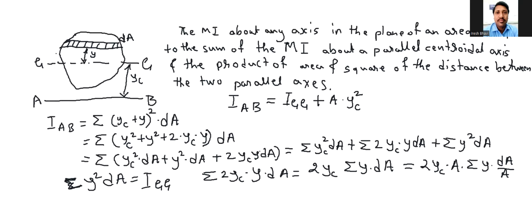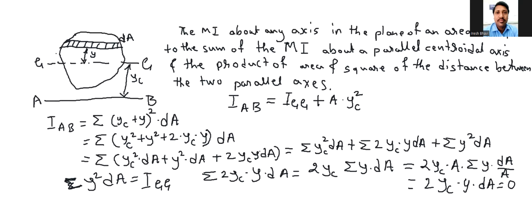Hence this term, 2 times Yc into summation of Y into dA, will become 0.